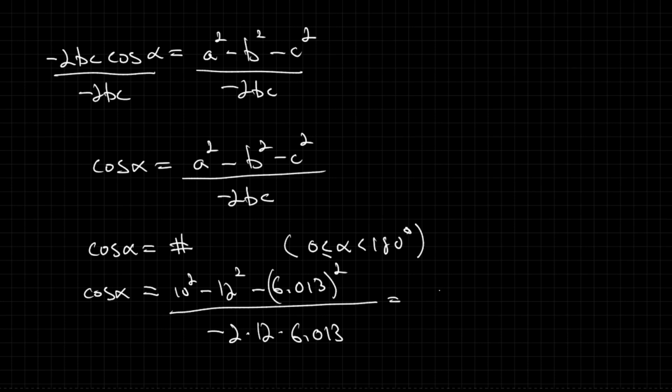When I type this into the calculator, I get that this right-hand side is 0.555. So I know that cosine alpha is 0.555. And of course, I also know that alpha is between 0 and 180 degrees. And what that means is I can use the inverse cosine function to figure out what alpha is.